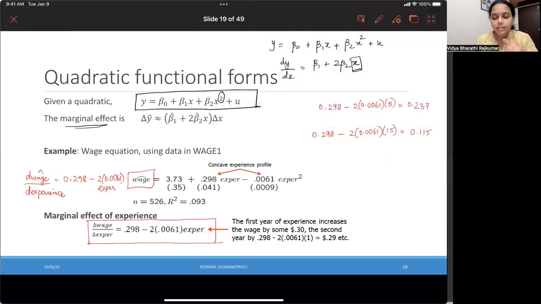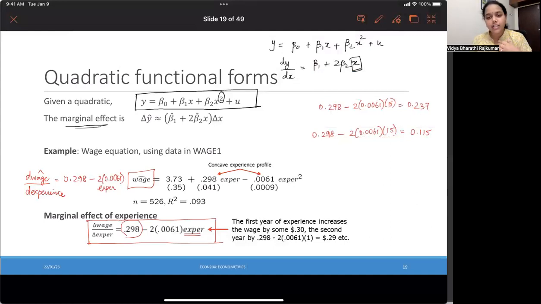So the effect of an additional year of experience on wage is a function of how much experience the person already has. By plugging in different values for experience here, we can figure out the effect on their wage. If they're just starting out, experience is 0. So if they gain any more experience, their wages are going to go up by 0.298, or roughly 30 cents.